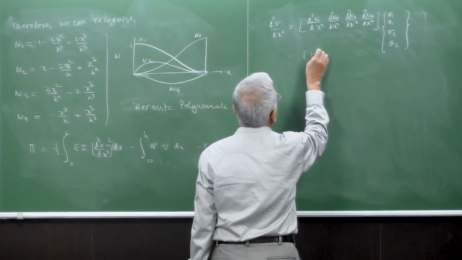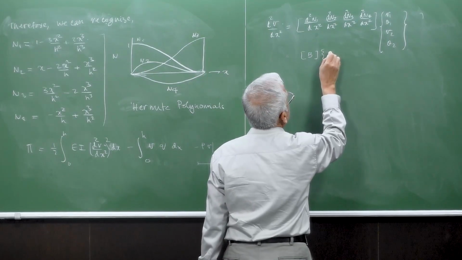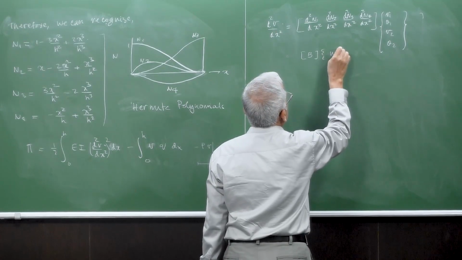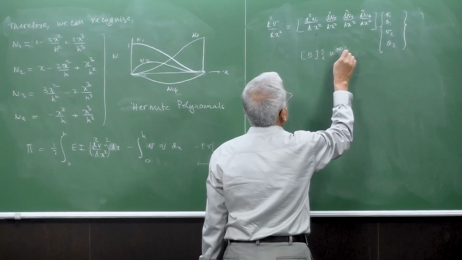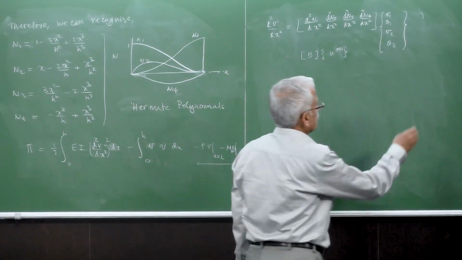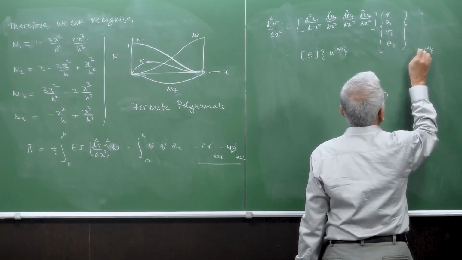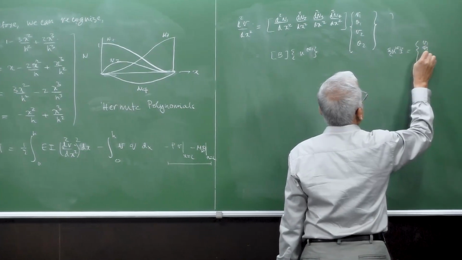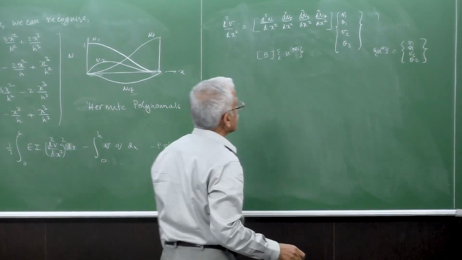For simplicity, let's write the displacements simply as U. U is the nodal displacements of the element.